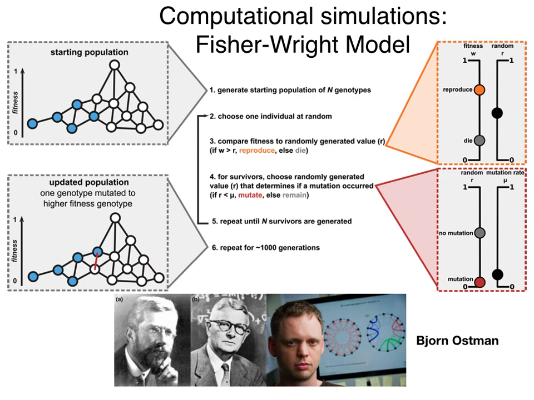The probability of survival was stochastic, but was based on the fitness of each genotype. And mutations happen also stochastically. And so the population tends to move towards higher fitness over time.